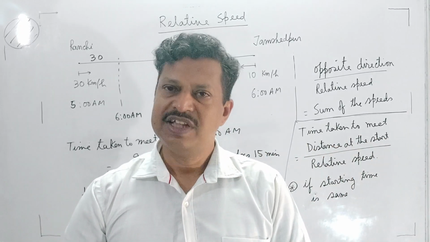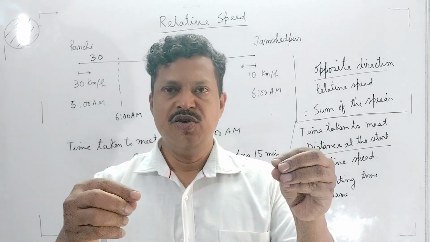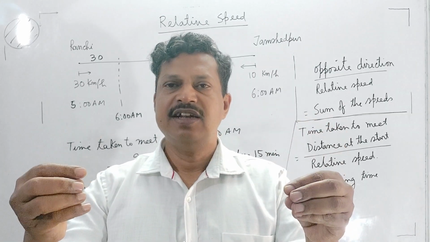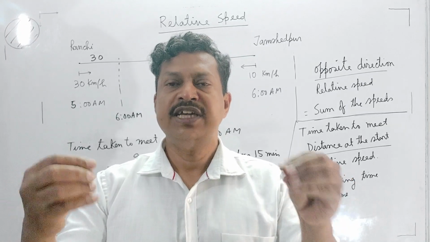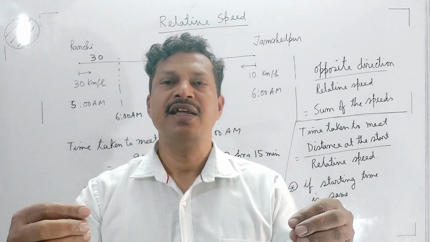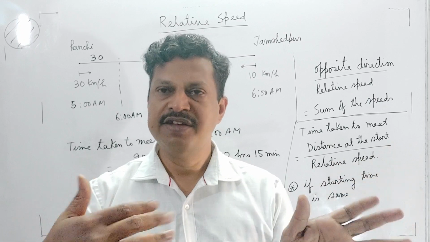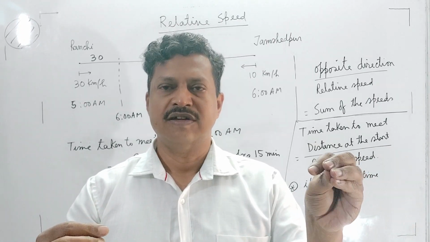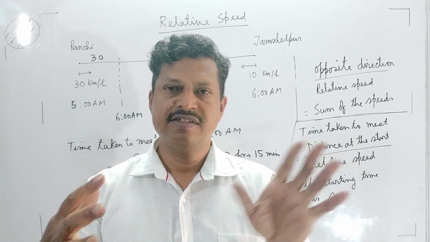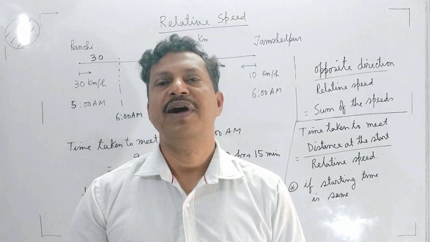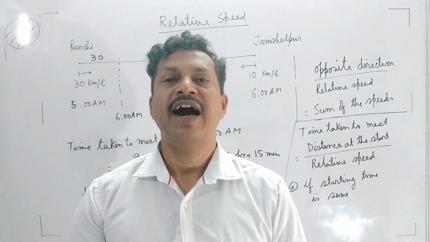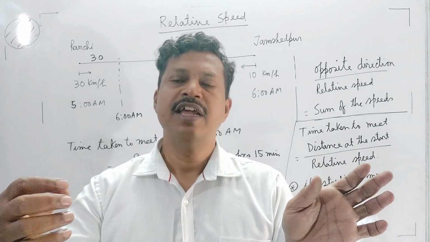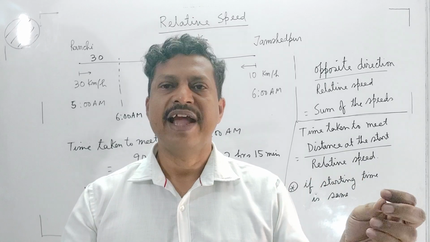Similarly, if I'm talking about you being chased by your friend, you can understand it this way: if the chaser's speed is more than the person in front, then they'll meet. And if the speed of the person running in front is higher than the speed of the chaser, then definitely they'll not meet in a straight line.